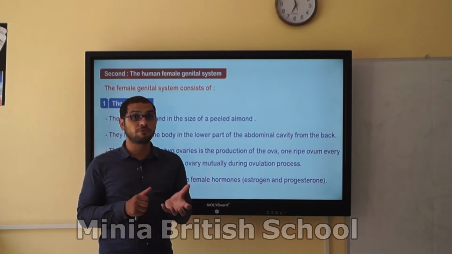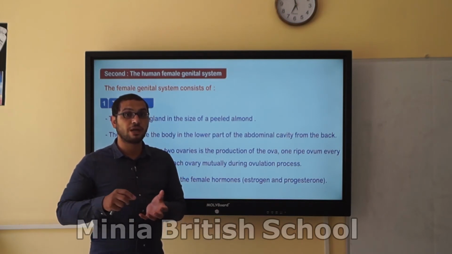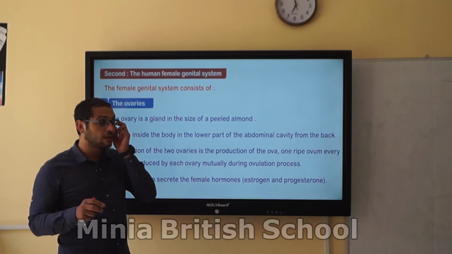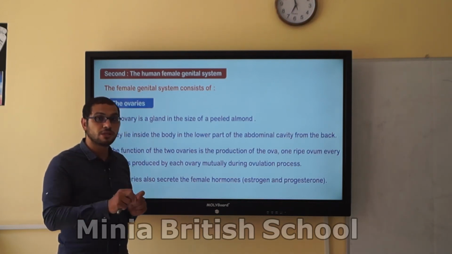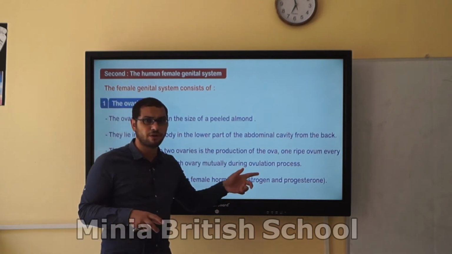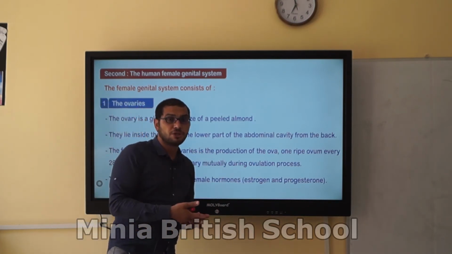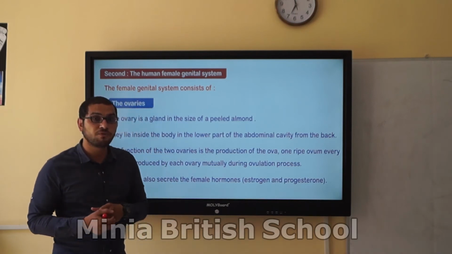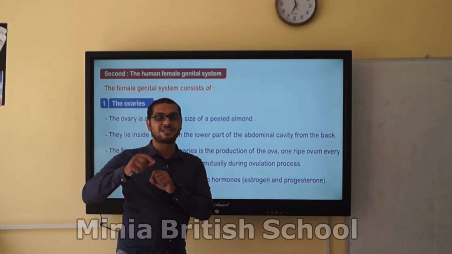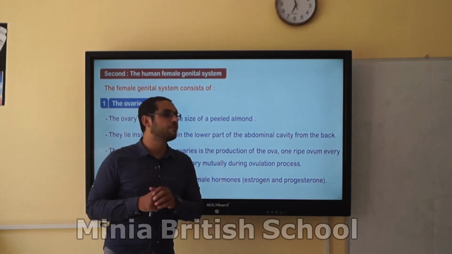First, production of ova in a process known as ovulation. This process means each ovary produces one ripe ovum every 28 days, in exchange with the other ovary.